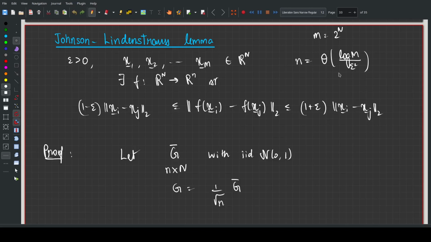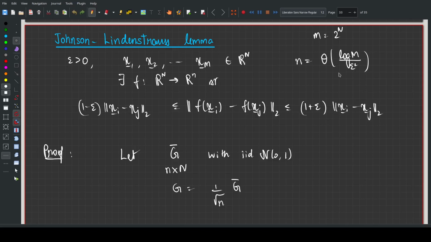Or you allow epsilon to go to 0, but then you are typically also allowing m and N to grow to infinity, and epsilon decays at a sufficiently slow rate. That's generally the assumption. But as you have said, order log m divided by epsilon square is also perfectly valid.